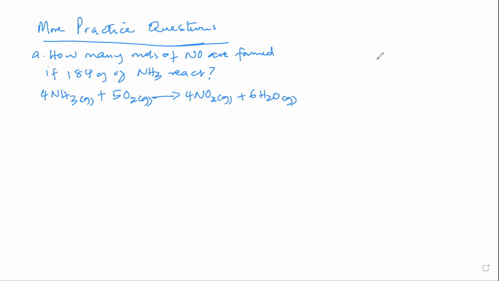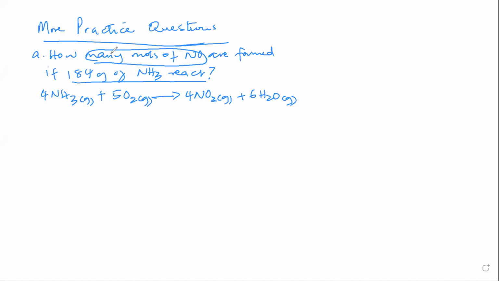Okay, let's try this one practice question. How many moles of NO are formed if 184 grams of NH3 react? So we underline and we circle. Then we are going from grams of NH3 to moles of nitrogen monoxide.